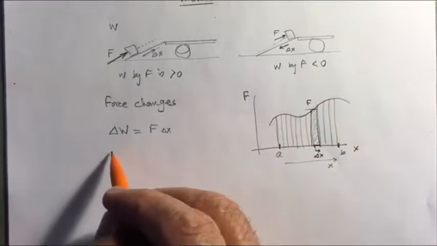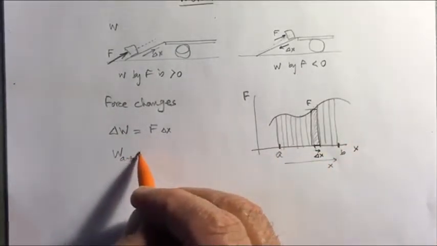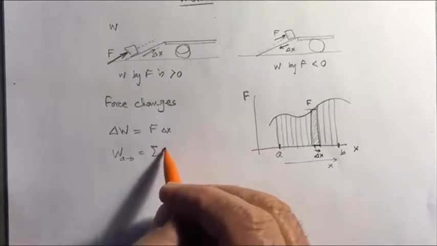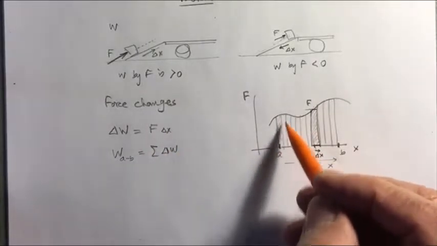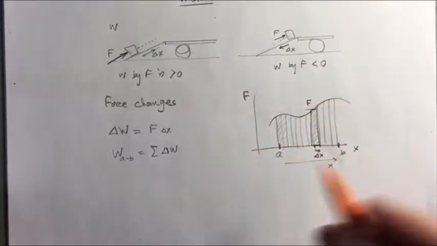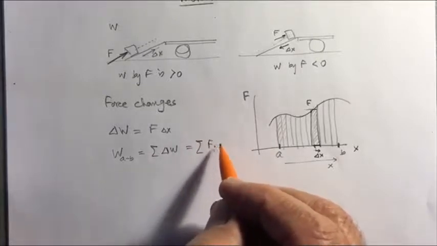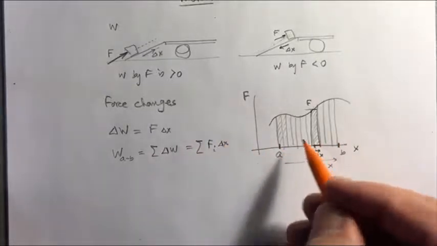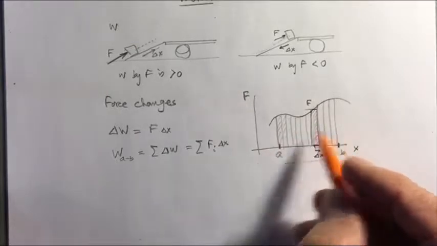And then the W, which is the work done from A to B, would simply be the sum of all the delta W's. So we'll add up the work in the first column and the second and the third and so on until we reach the other end point, and that will then be the sum of all the forces. So that's i is 1, 2, 3, 4 and so on.